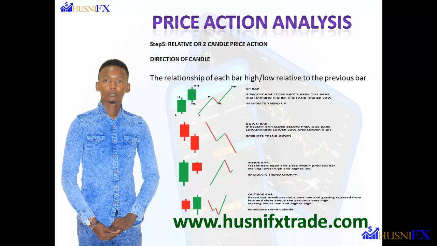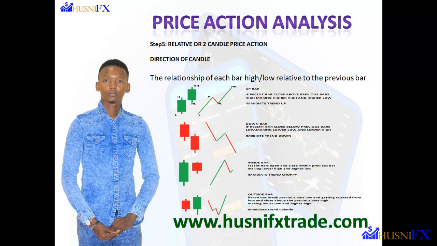When we get a down bar, if the recent bar closes below a previous bar's low, making a lower low and also a lower high, we immediately get a downtrend. When we see the inside bar, this is when the recent bar's open and close are within the previous bar, making a lower high and higher low, and we immediately get what we call an immediate trend pause.